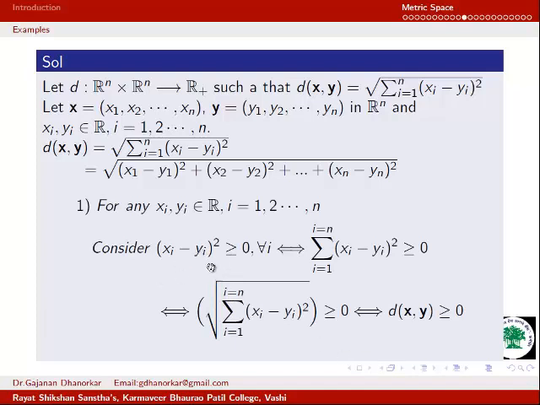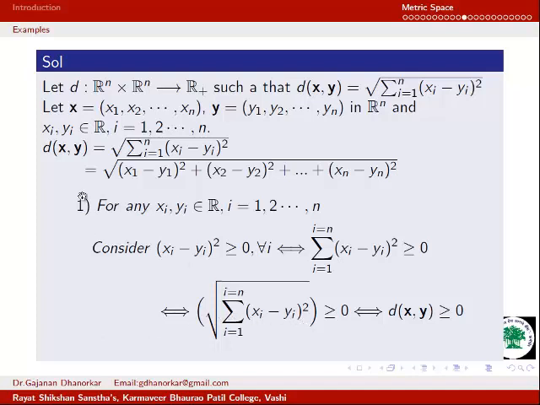Here we get that this term is obviously greater than or equal to 0. Each square is greater than or equal to 0, therefore the summation is also greater than or equal to 0, therefore the square root is again greater than or equal to 0, and that's why D(x,y) is greater than or equal to 0. Now we will prove the second condition, that it is equal to 0.